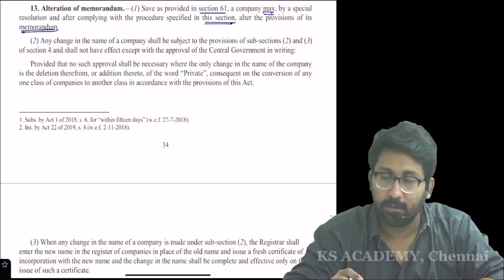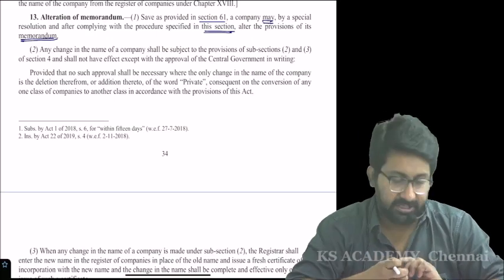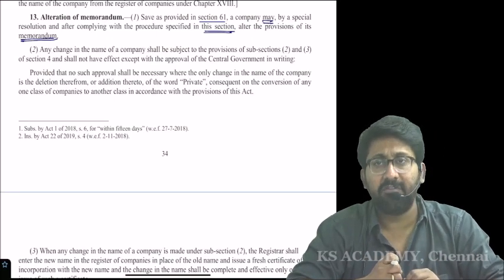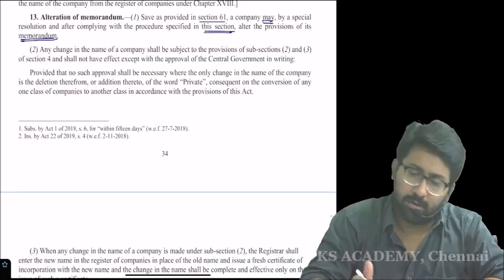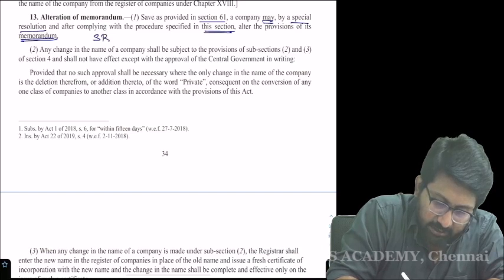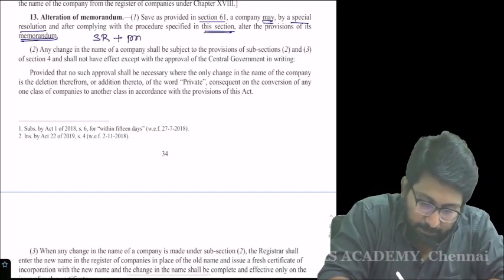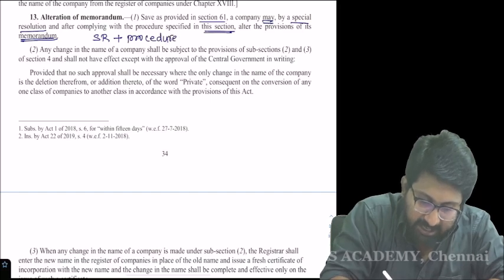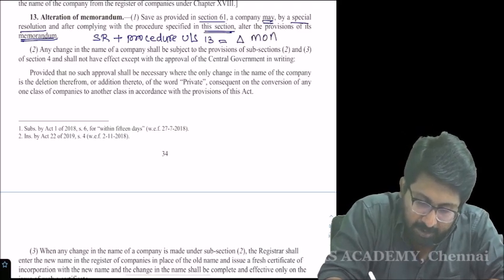Okay? First tell me, in order to make a change in the memorandum, do we require an ordinary resolution or a special resolution? Condition 1 completed. Plus procedure. Procedure under which section? Section 13. Then only you can make alteration to the memorandum.